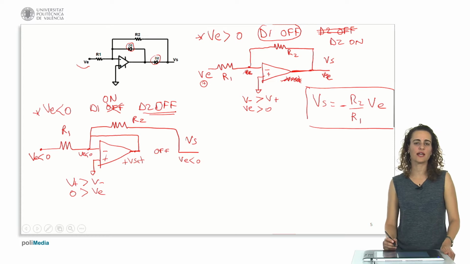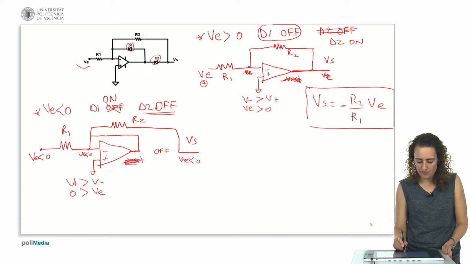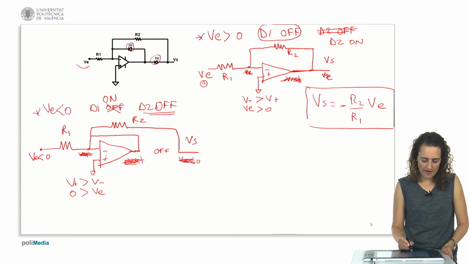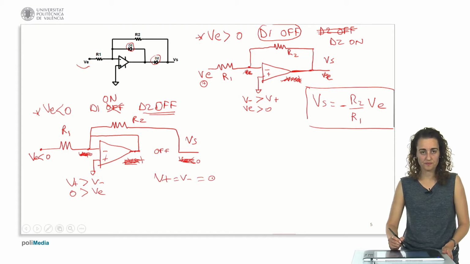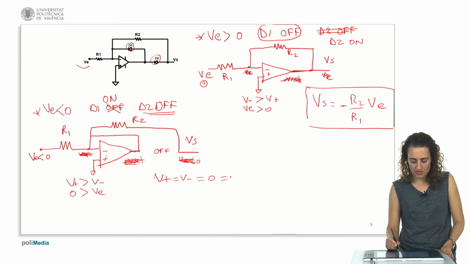This is the real circuit I have, and now if I analyze this circuit with the real values of the voltages, I have negative feedback, so V plus is equal to V minus is equal to 0. And because no current flows here, in Vs I have the same voltage as in V minus, which is 0.